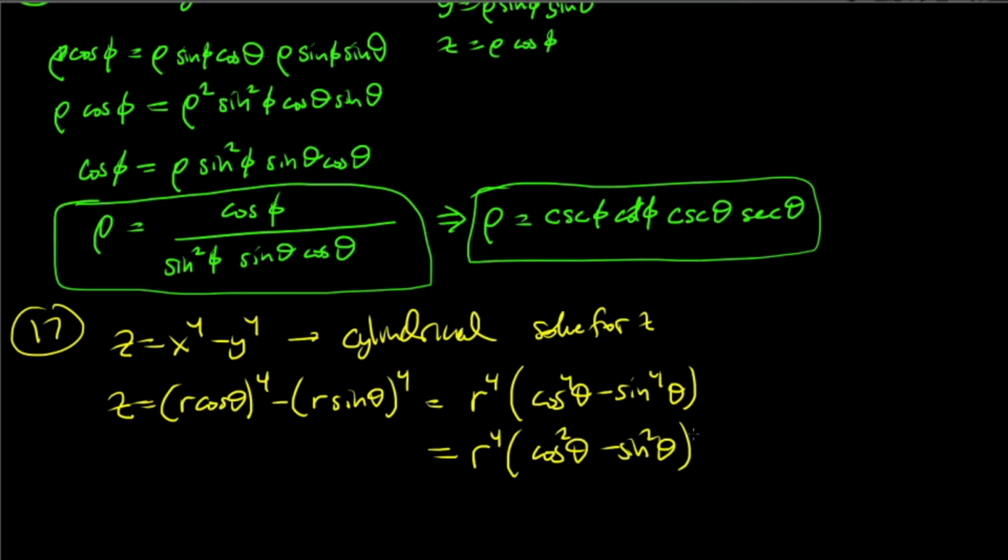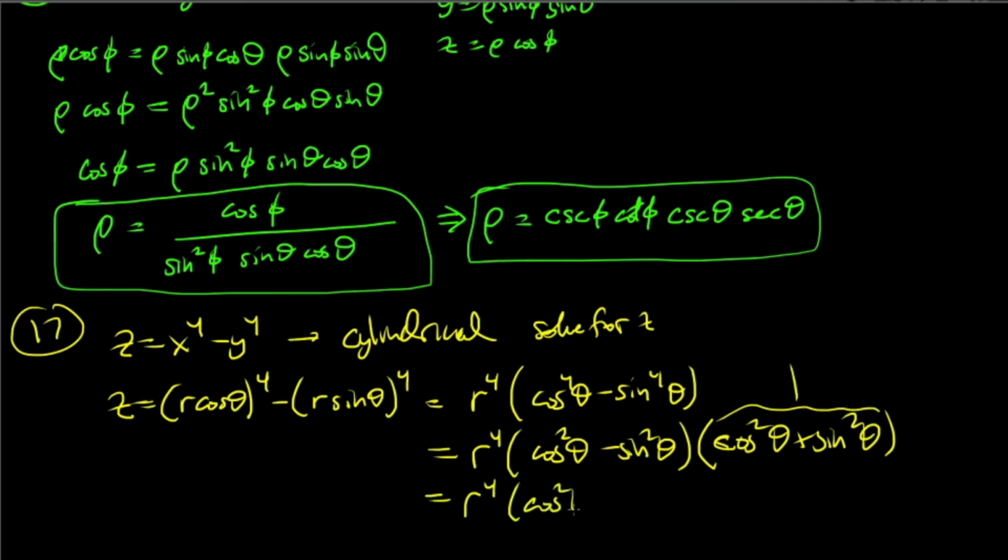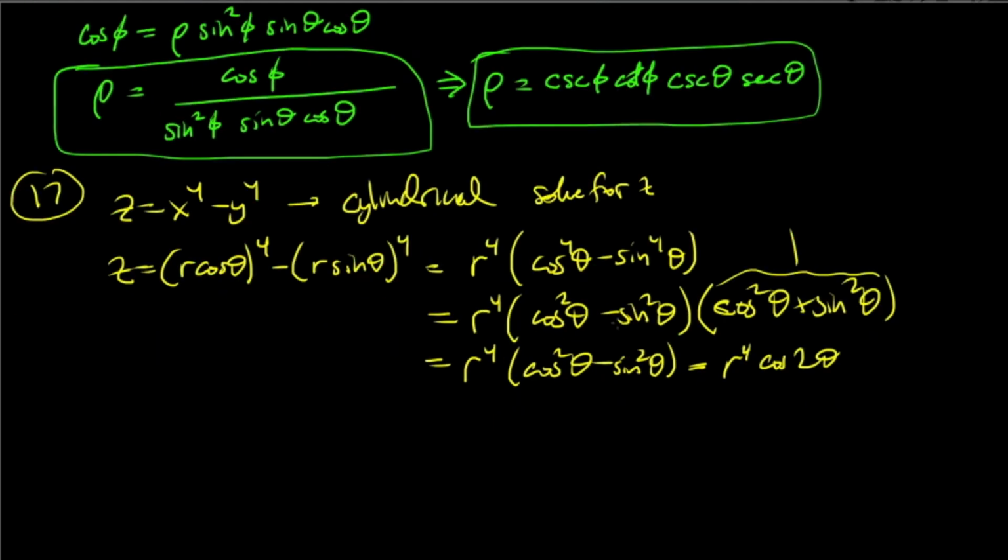Well, remember, this factors as cosine squared minus sine squared times cosine squared plus sine squared, which of course is 1. So yeah, amazingly enough, you can just change the 4 to a 2 here. And cosine squared minus sine squared, you can simplify as cosine of 2 theta. You don't have to, but it probably makes sense.